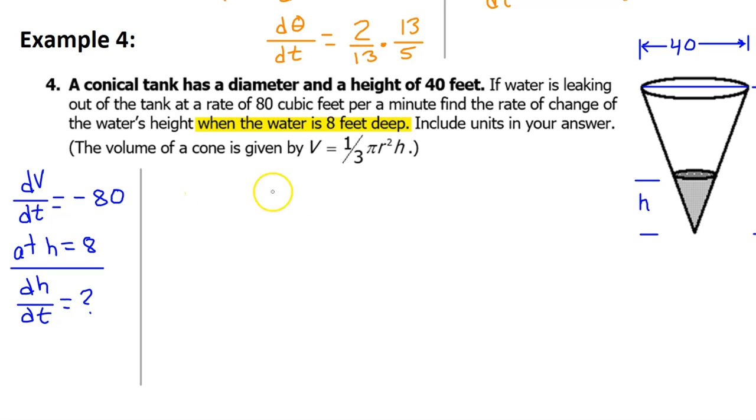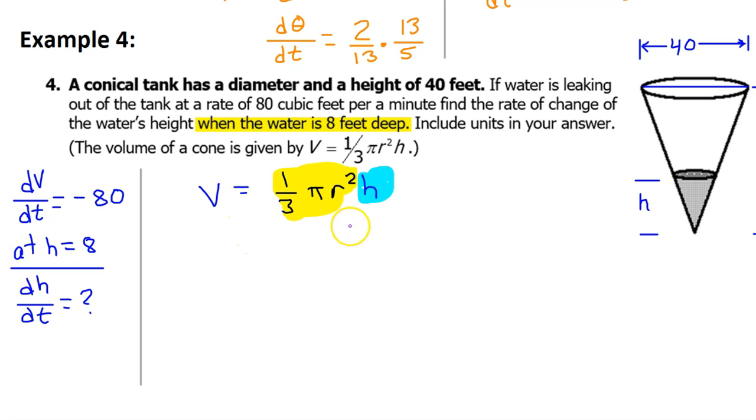Now we need a relationship that involves these variables so we can cause dh/dt to show up. Of course, we're going to use the relationship they gave us. Volume is equal to 1/3 pi r squared times h.